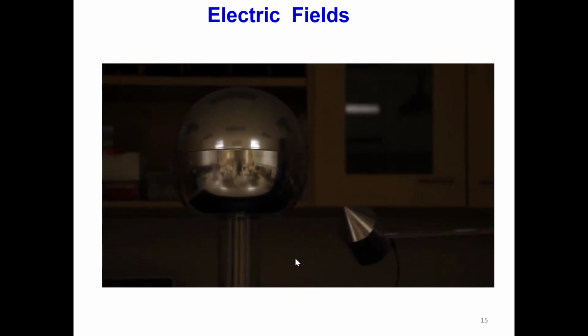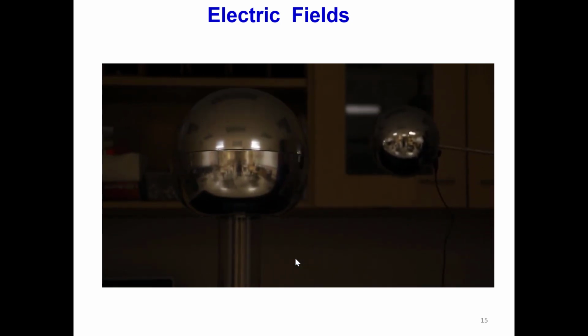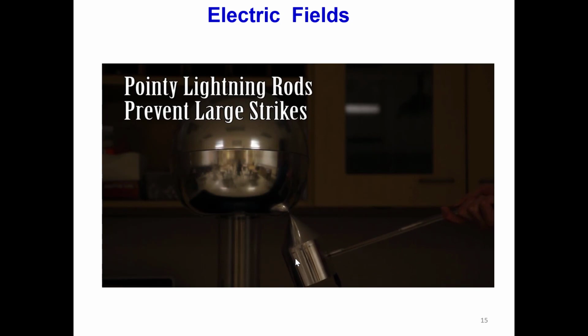For example, you can use it to show that the electric field is higher near pointy edges than rounder ones. You see, it is the electric field that ionizes the air and makes lightning. A pointy edge can do that more easily because the electric field is higher.